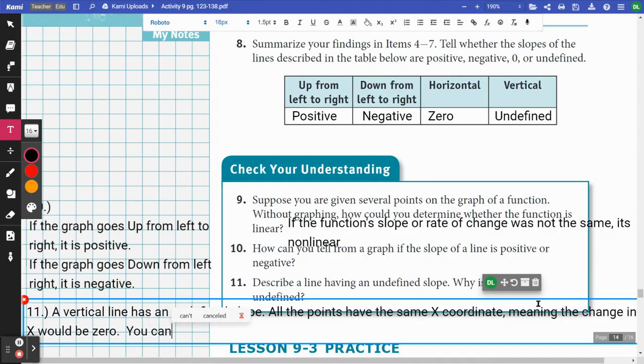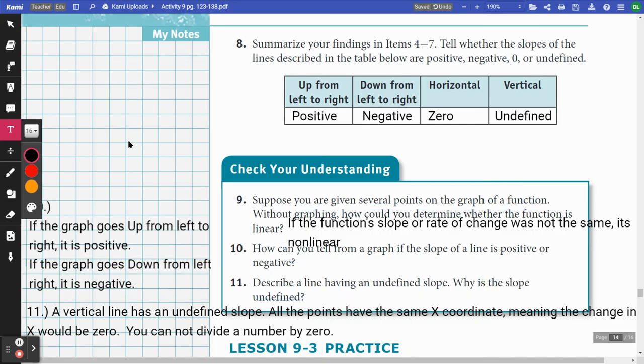You cannot divide a number by 0. And that's why it's undefined, because you can't divide a number by 0.